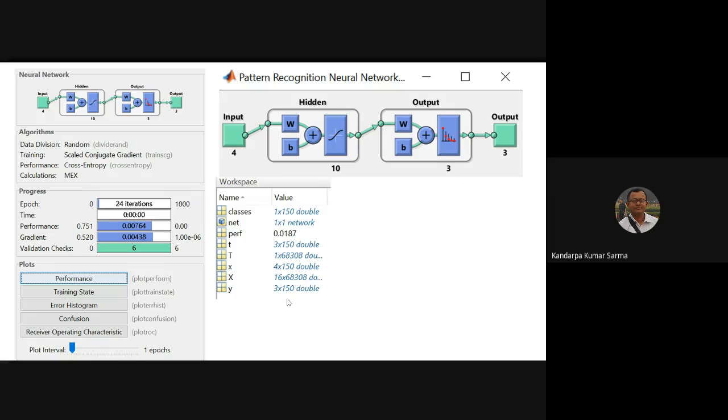Now while you report the performance and then try to send it to a journal or for a conference, all the graphs that you want to have can be generated from these buttons: performance, training state, the error histogram, then the confusion metrics, and so on and so forth.